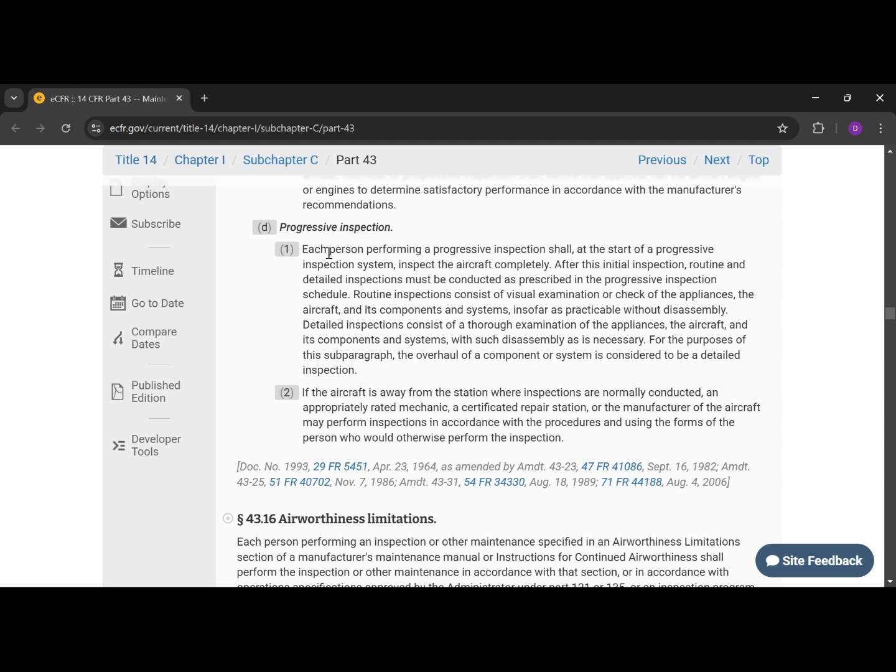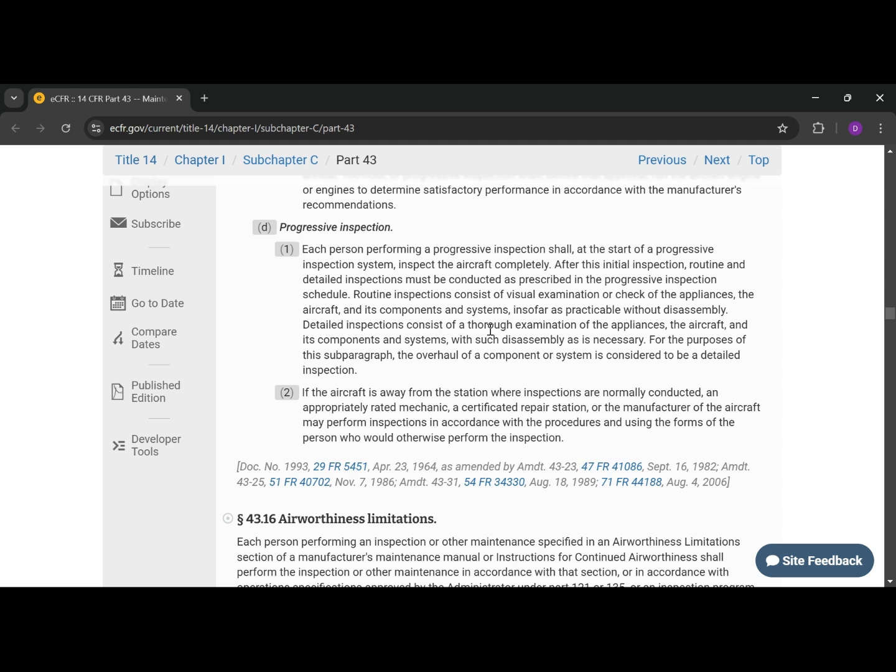Progressive inspection. Each person performing a progressive inspection shall, at the start of a progressive inspection system, inspect the aircraft completely. After this initial inspection, routine and detailed inspections must be conducted as prescribed in the progressive inspection schedule. Routine inspections consist of visual examination or check of the appliances, the aircraft and its components and systems insofar as practicable without disassembly.